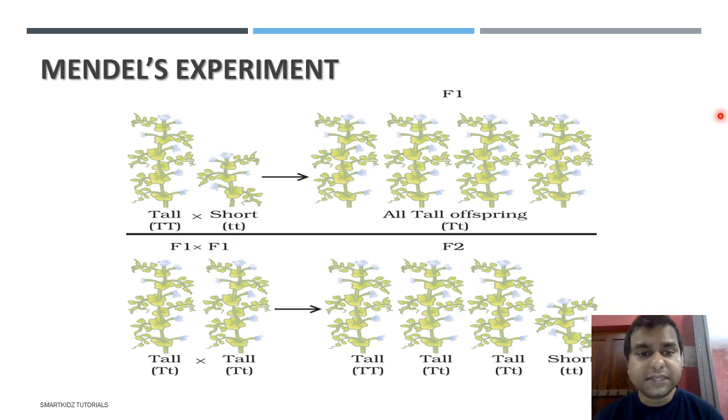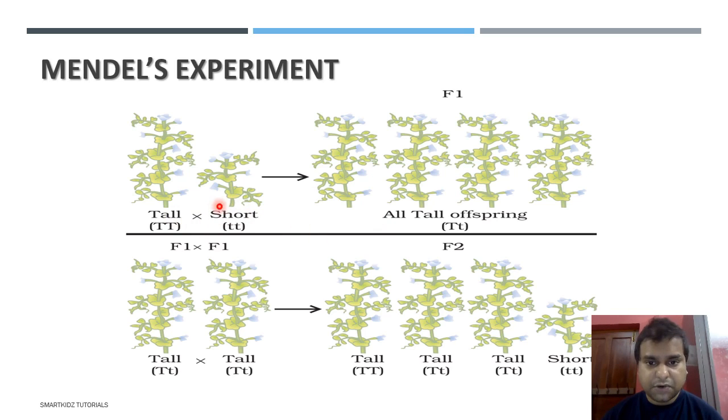Now, coming to his experiment, what exactly did Mendel do that helped him to get such results? We'll see what Mendel's experiment is now. On your screen, have a look. There is a tall plant, there is a short plant. Now we are discussing only the garden pea plant here. This is his experiment. He carried out a cross between them.